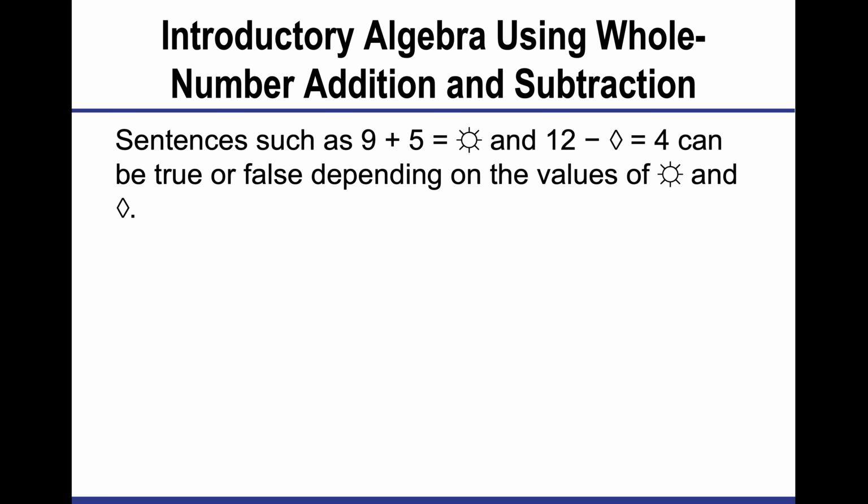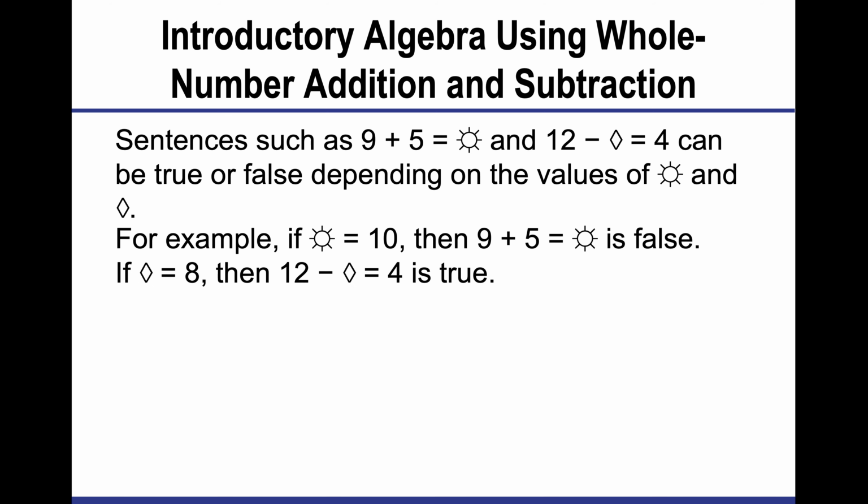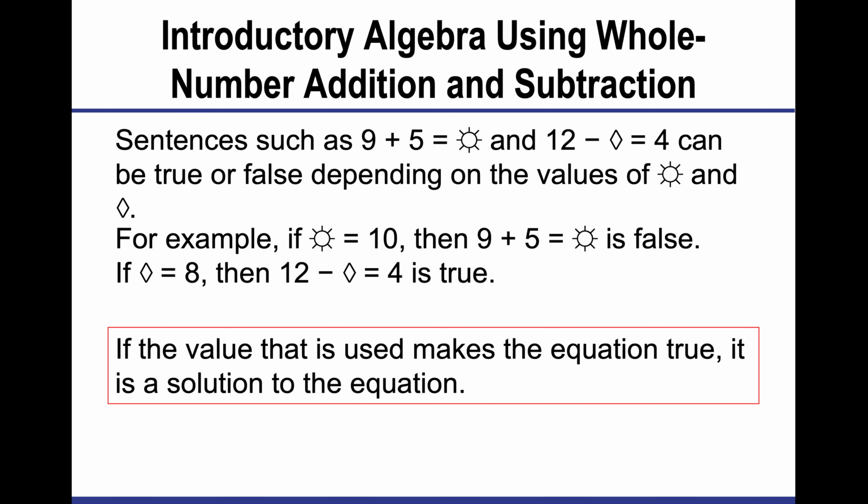12 minus a diamond is 4. Can you figure out 12 minus what is 4? So a lot of times, instead of saying X, we're saying what, or we're inserting that actual symbol in there. And so if we know that the sun is 10, is 9 plus 5 equals 10 true or false? Then we can extend that learning experience for our higher level learners, and we can start giving them statements with those symbols and say, hey, is this true or false?